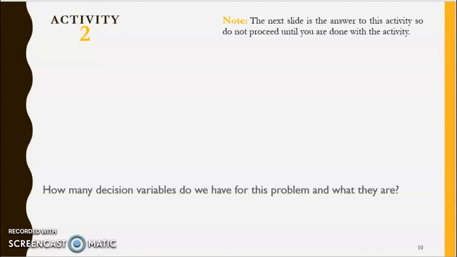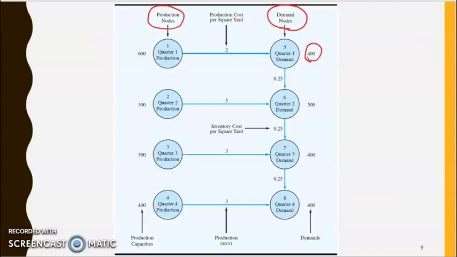About the question that how many decision variable do we have for this problem, when we check this slide, we can quickly notice that because each arc, similar to the previous network models, represent a decision variable.